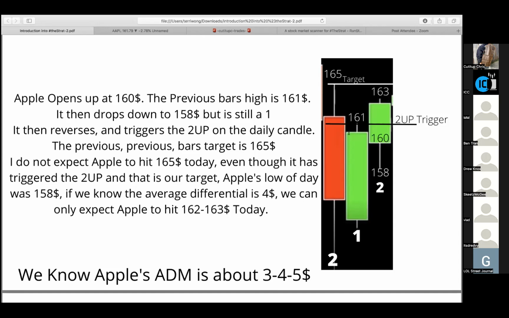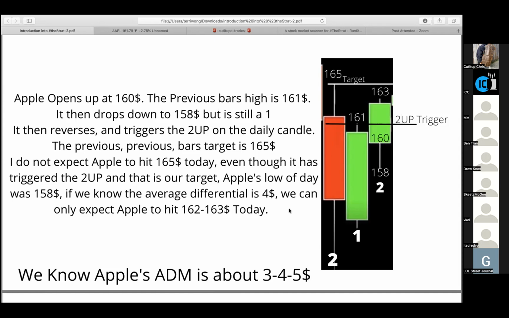If you're taking this on a day trade, if you had a 165 target, that probably wouldn't be attainable. You want to have your targets coincide with something that's actually attainable by the stock in a day. You know what I mean?